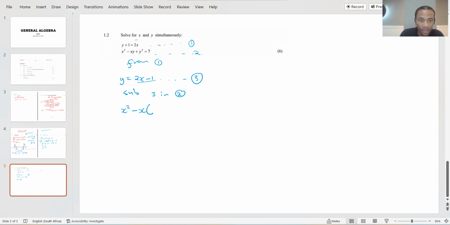So you will have 2 exponent x minus 1, and then plus 2x minus 1 all squared equal to 7. Then I have x squared minus 2x squared plus x plus 4x squared minus 4x plus 1 equal to 7.